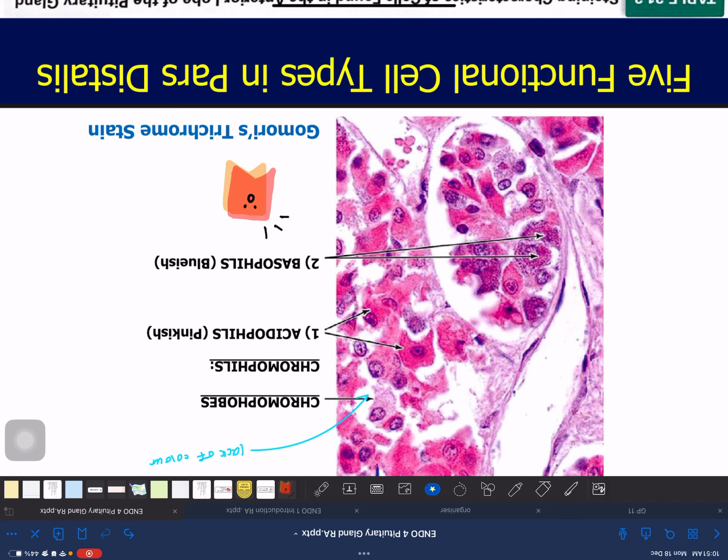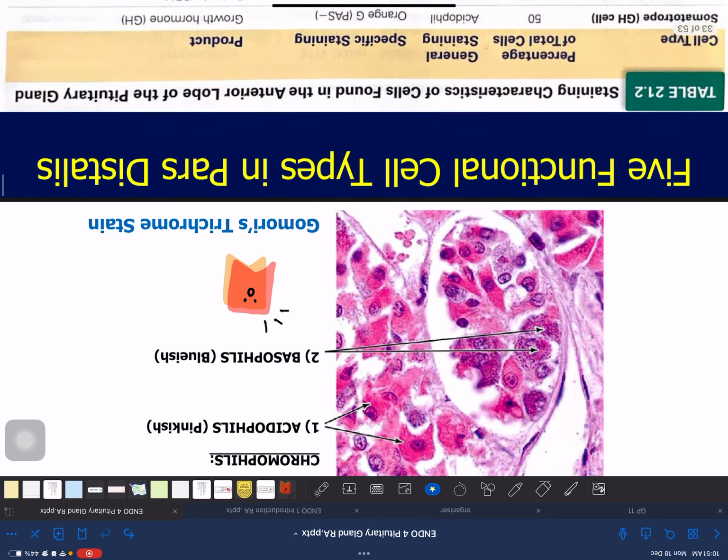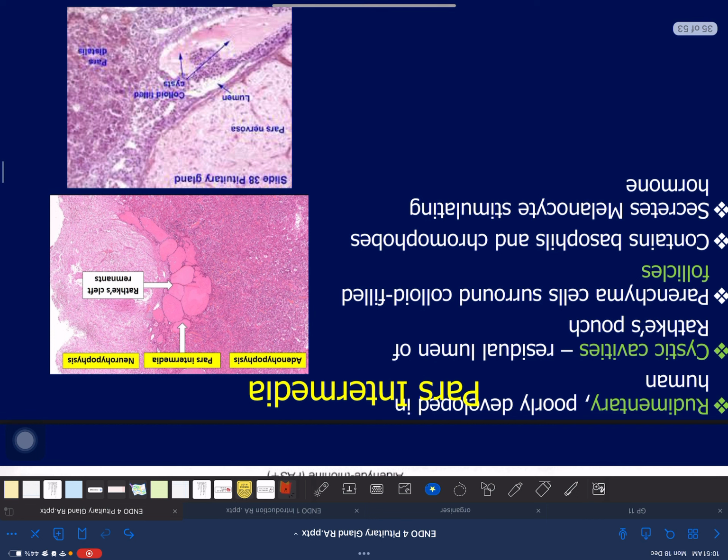Okay, pars intermedia is just rudimentary, okay, and poorly developed in humans, and somehow there is also presence of cystic cavities. Okay, cystic cavities, residual lumens of Rathke's pouch. Have you heard of Rathke's pouch? Embryology, during MSK also there? I'm not sure.